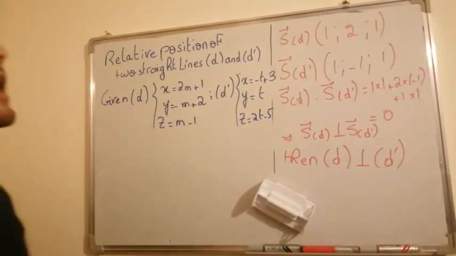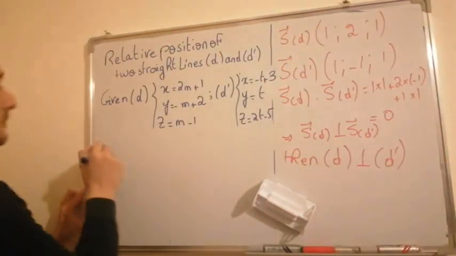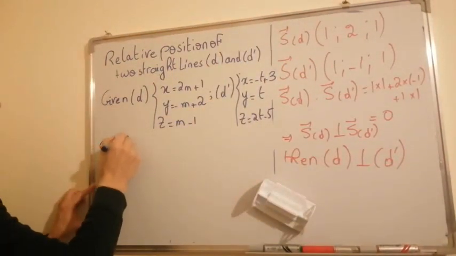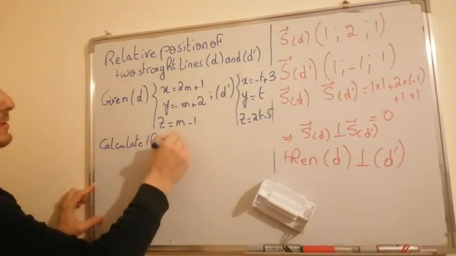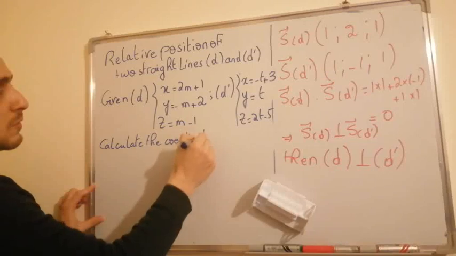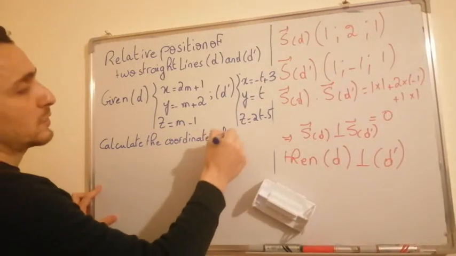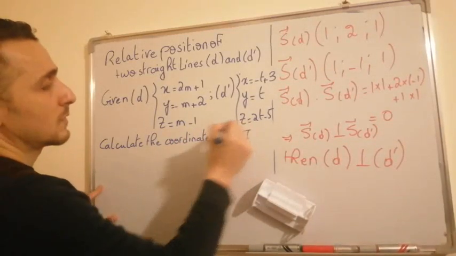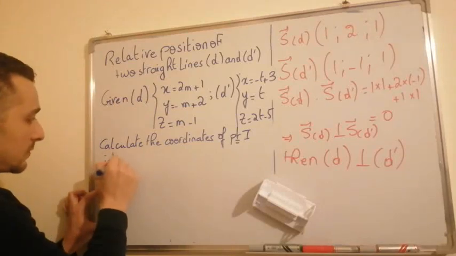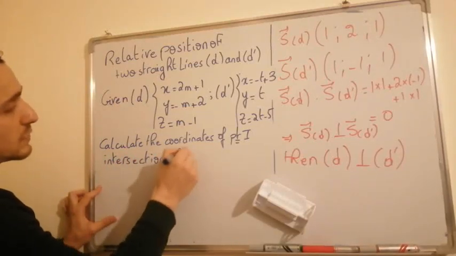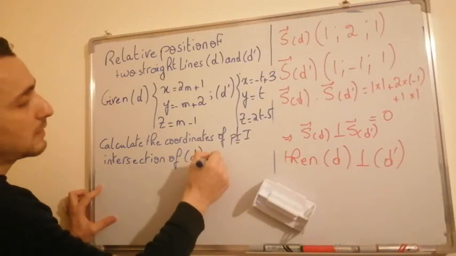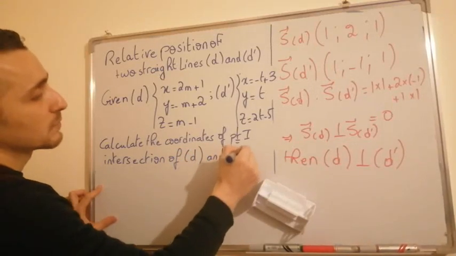The question is, calculate the coordinates of point I, intersection of the two straight lines D and D prime.